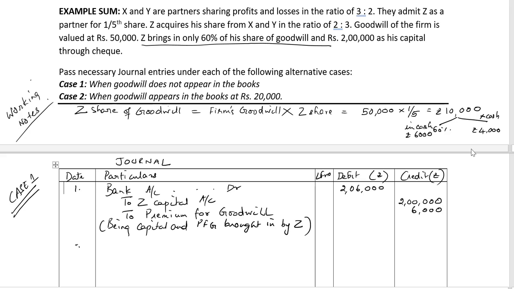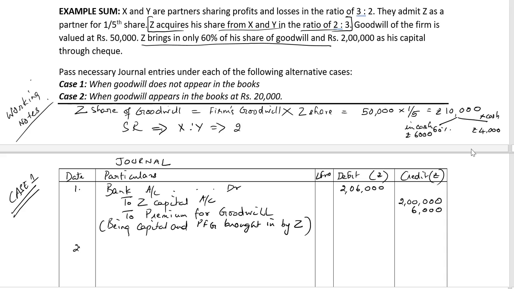Now the second journal entry is to distribute Z's share of goodwill among the sacrificing partners in their sacrificing ratio. The sacrificing ratio between X and Y: it's given in the problem that Z acquires his share from X and Y in the ratio of 2:3.